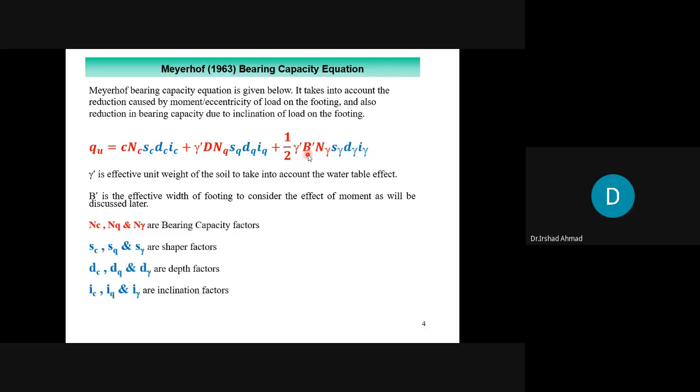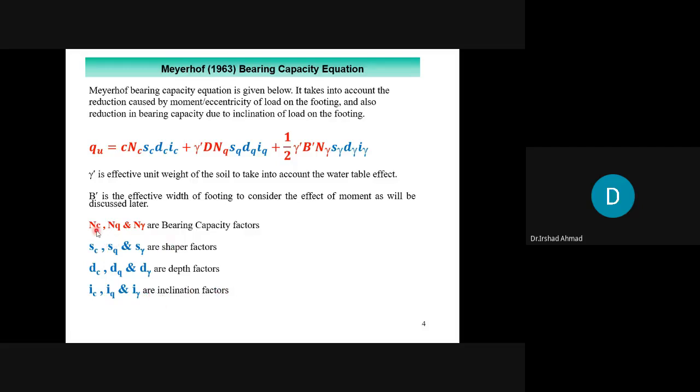So all these terms are here. NC, NQ, and N gamma are bearing capacity factors. SC, SQ, S gamma are shape factors. These are depth factors, and these are inclination factors.